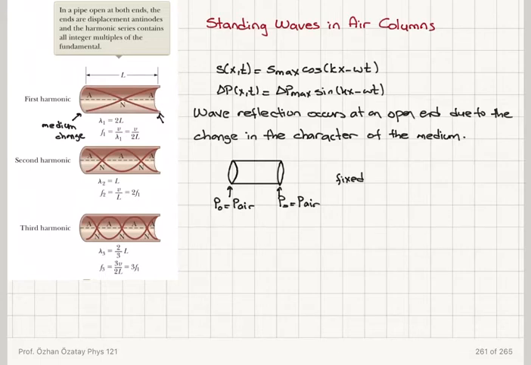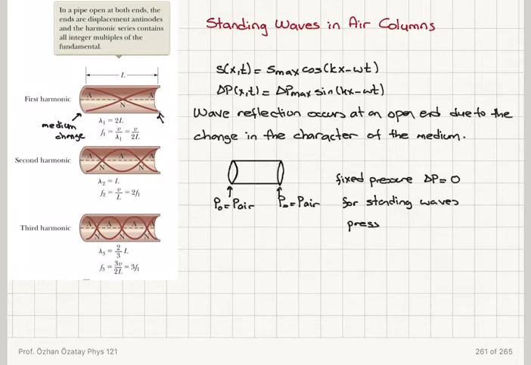So the pressure is fixed at both ends. So fixed pressure means we're going to have no delta P. Delta P must be 0 for standing waves.